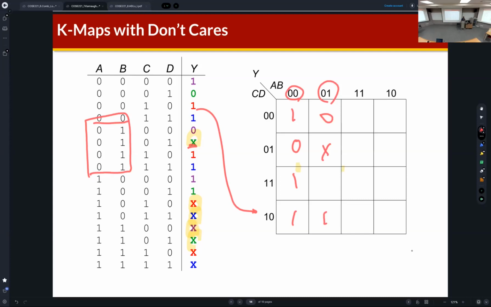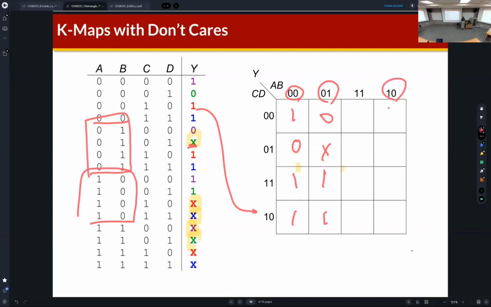And then 1 is here and 1 is here. So you can observe that I firstly mark 1 here and 1 here because you need to note down the order of CD. How about the 1, 0? So the 1, 0 is here.